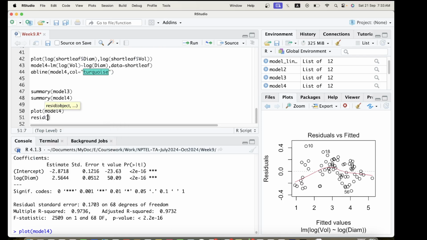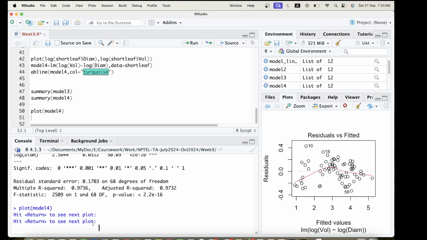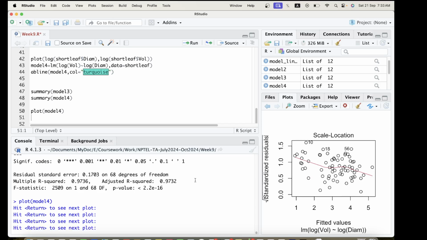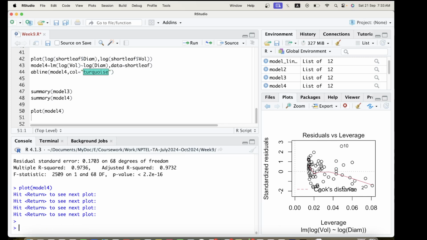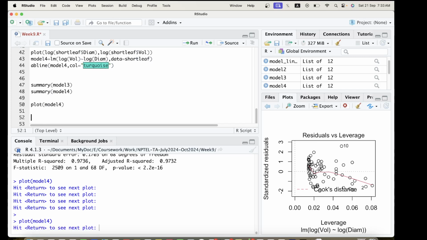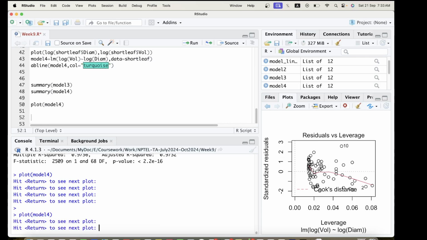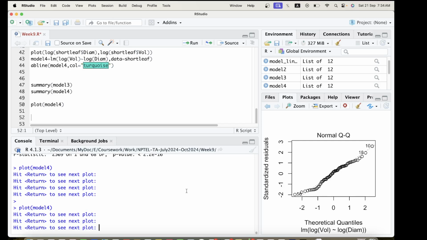So if I plot model 4 and press enter, then I have the standardized residuals versus fitted values, residual versus leverage. Oh, okay, where is the QQ plot? Okay, this is the QQ plot.